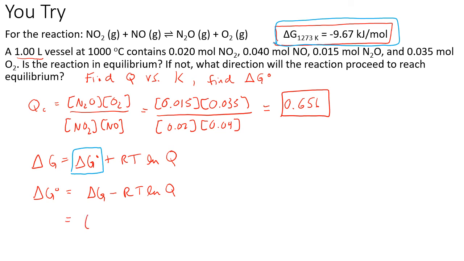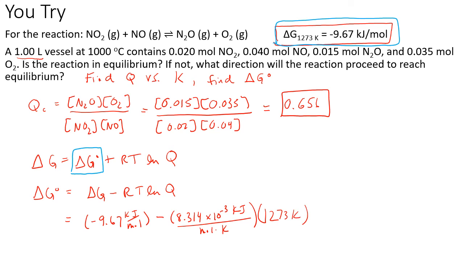Delta G is equal to negative 9.67 kilojoules per mole minus R, which is 8.314 times 10 to the negative third kilojoules per mole times Kelvin, times our temperature, 1,273 Kelvin, times the ln of our reaction quotient, 0.656 for our Q. This gives us a delta G at standard state conditions of negative 5.21 kilojoules.